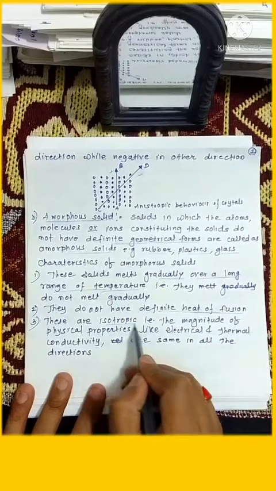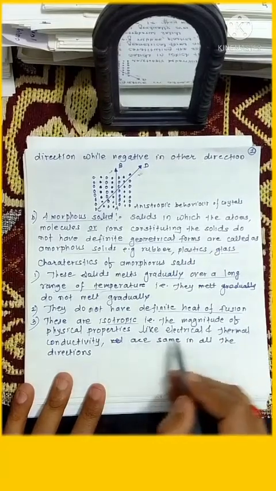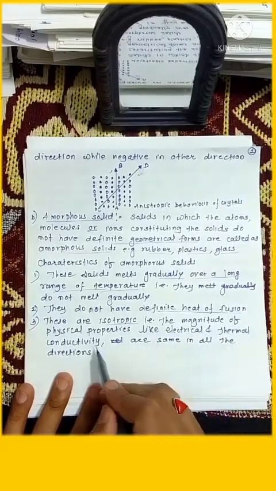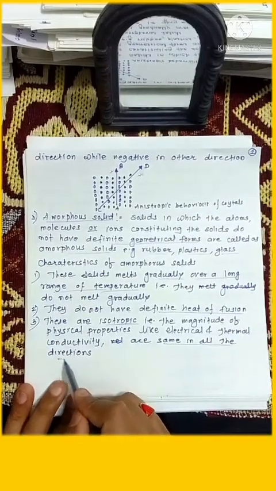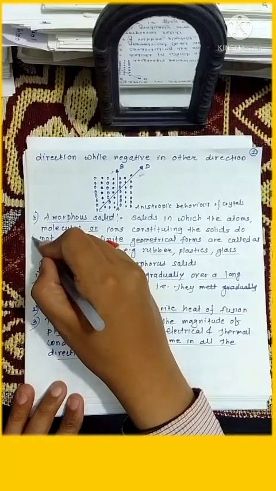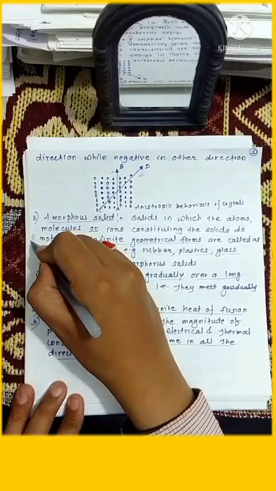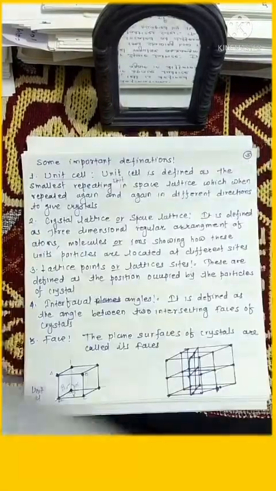They are isotropic. That is, the magnitude of physical properties like electrical and thermal conductivity are the same in all directions. Generally, the characteristics of true solid and amorphous solid are asked in the exam.